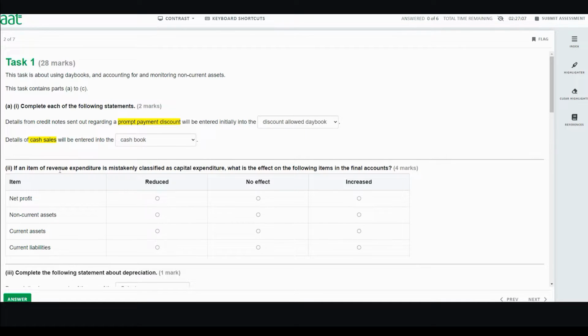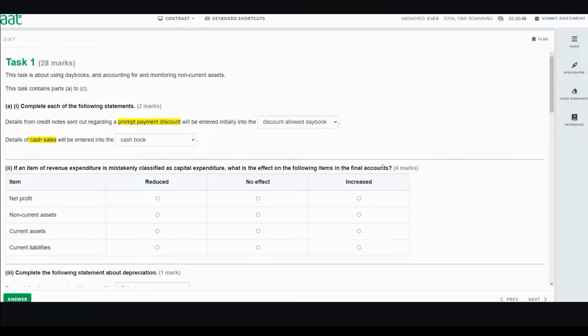If an item of revenue expenditure is mistakenly classified as a capital expenditure, what is the effect on the following items in the final accounts? So revenue expenditure is everyday, day-to-day expenses such as rent, rates and so on.